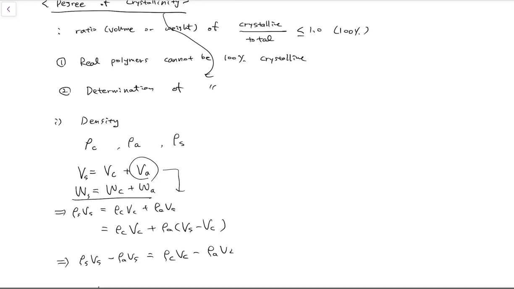So as a result, what you can get is that Vc over Vs, the volume fraction of the crystalline region, is (rho S minus rho A) over (rho C minus rho A). Okay, this is basically the volume fraction of the crystalline region.